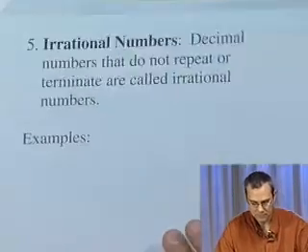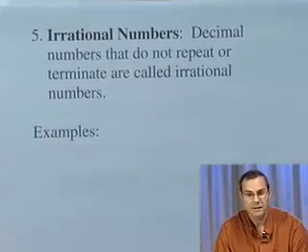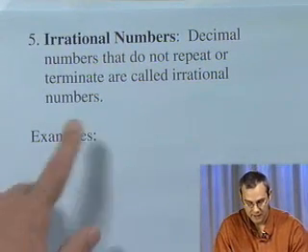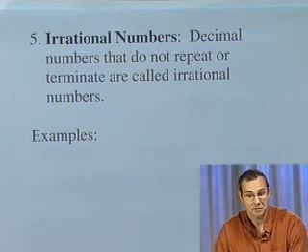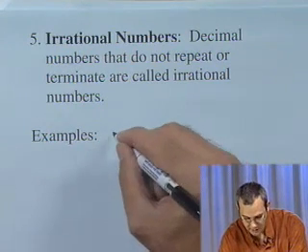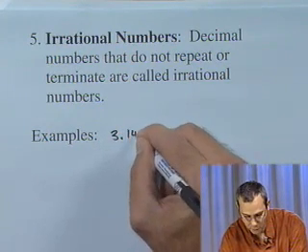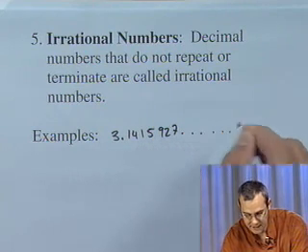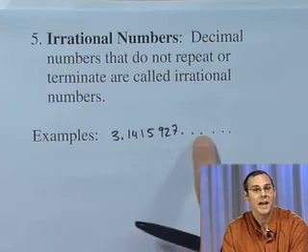All right, the last one. Well, we could get numbers that are decimals that do not repeat or do not terminate. These are called irrational numbers. Example, 3.1415927... Notice there is no pattern here.